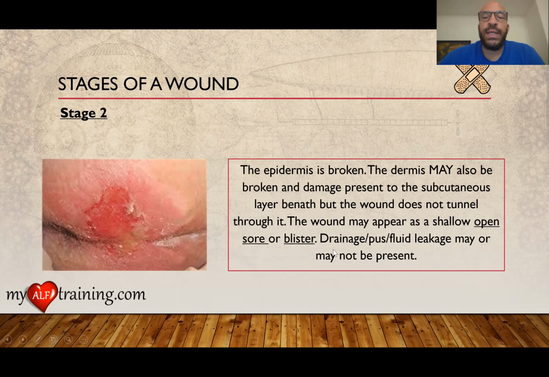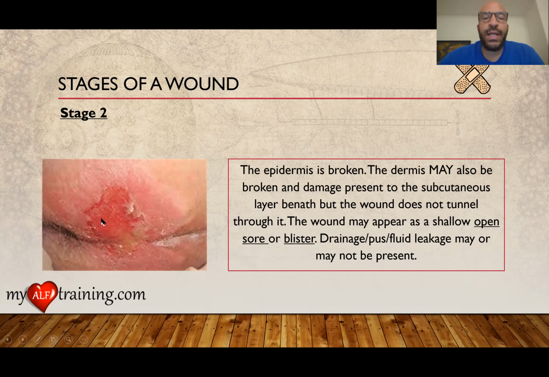The dermis may also be broken and damage may be present to the subcutaneous layer beneath, but the wound doesn't tunnel through. It looks like a shallow sore, a shallow open sore, or a popped blister.